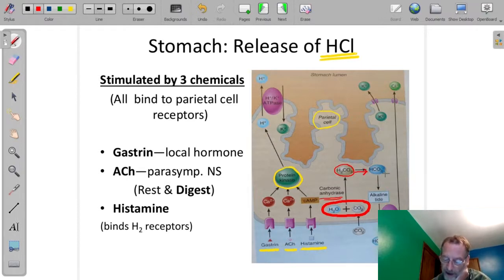The bicarbonate ion that gets produced inside the cell. This should look familiar. So as the bicarbonate ion is produced, it's moved out of the cell into the extracellular fluid, and as the bicarbonate leaves the cell, the chloride enters. So there's our old chloride shift again.